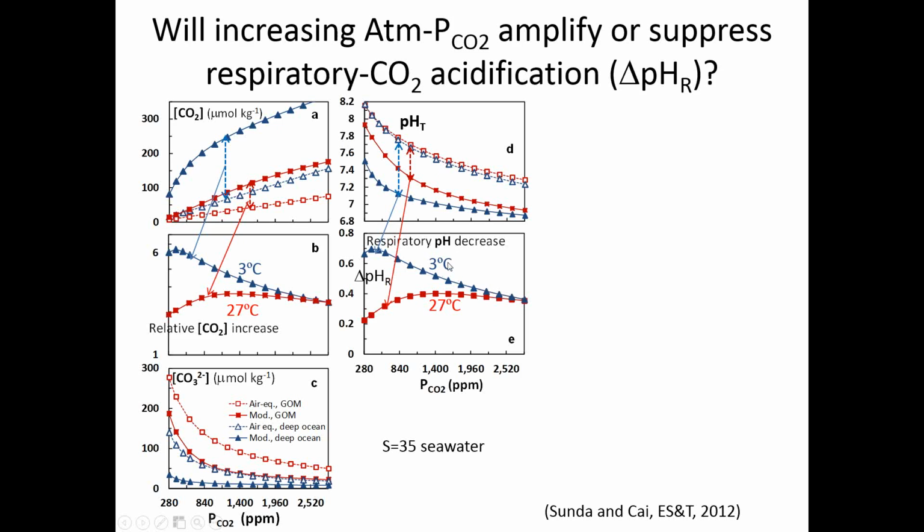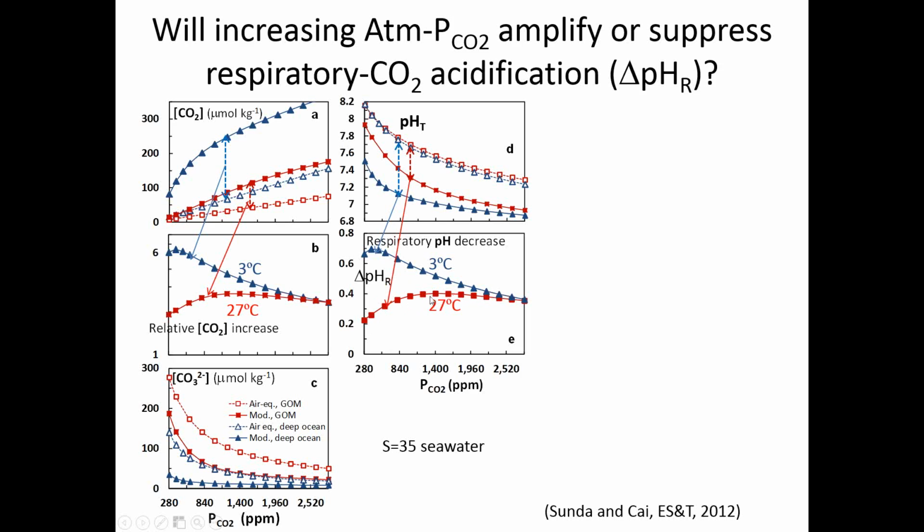So let's focus here. You can see in the 3 degrees C case, there's initially an increase when you have this atmospheric CO2 increase. Initially there's an increased effect of this respiratory CO2, but very soon it reaches a maximum and then it starts to decrease. Now this is very different in this 27 degrees C water.